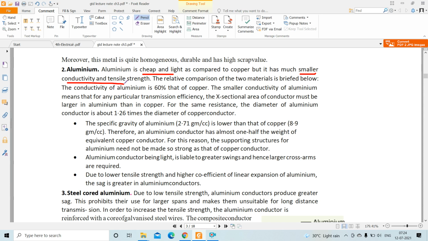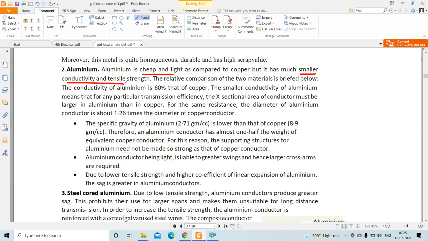The smaller conductivity of aluminium means that for any particular transmission efficiency, the cross-sectional area of the conductor must be larger in aluminium than in copper.